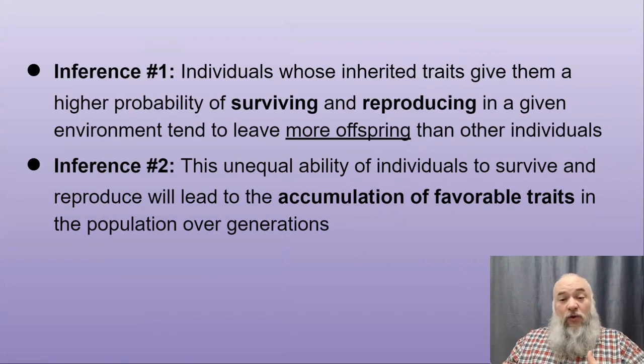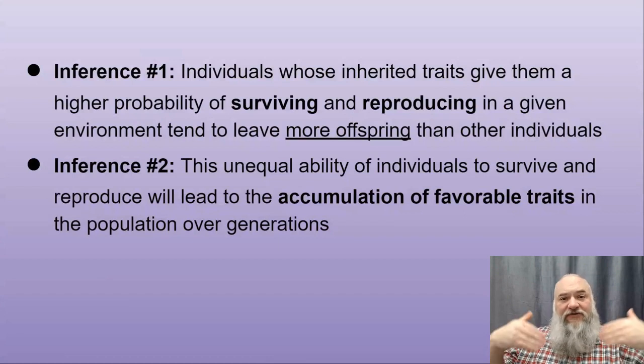This unequal ability of individuals to survive and reproduce will lead to the accumulation of favorable traits in a population over generations. So in any given generation, you may not notice much of a difference. Oh, in a population of 10,000, maybe we've got an extra 5 folks who are a little faster and 5 fewer folks who are a little slower because the slower ones got eaten by lions, right?